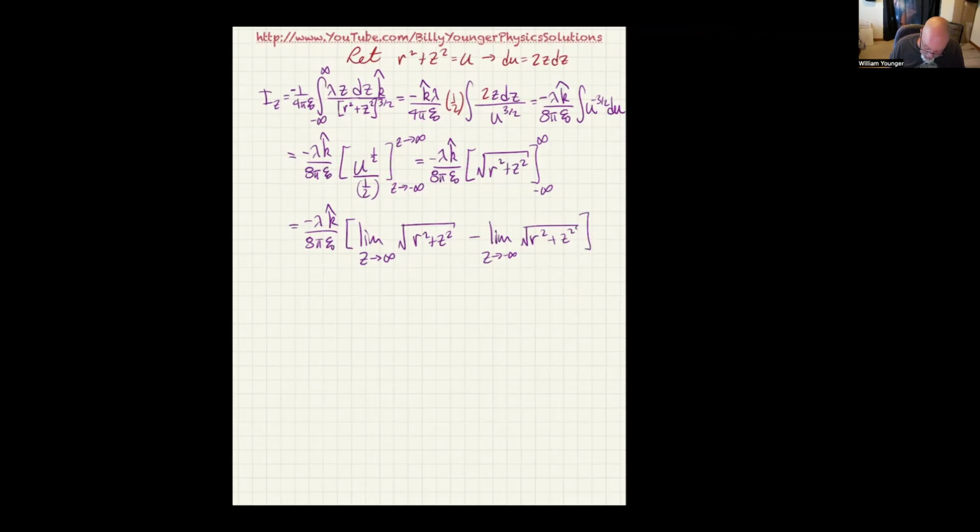And you can see that the limit as z approaches infinity, z is going to become really big compared to r, so it's just the square root of z squared, which just becomes z. So this one goes to z, and this one, because it's squared, also goes to z. So we end up getting z minus z, which is 0. Okay, so that's another way of doing it.